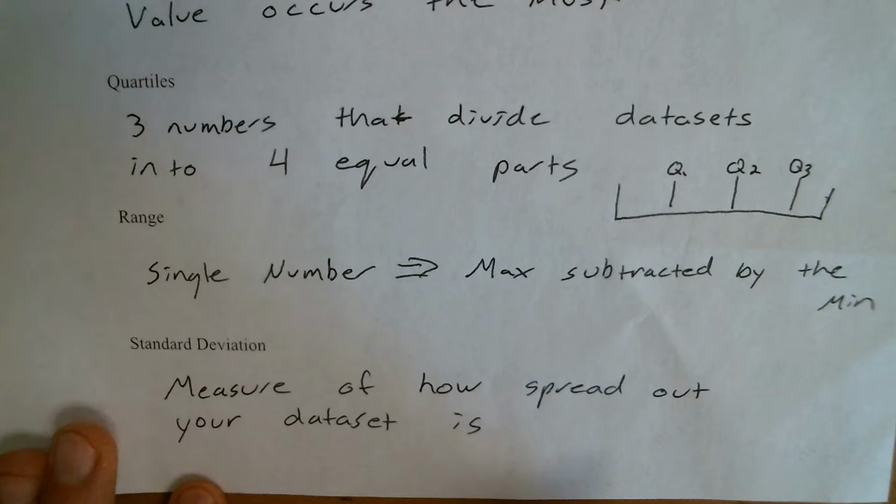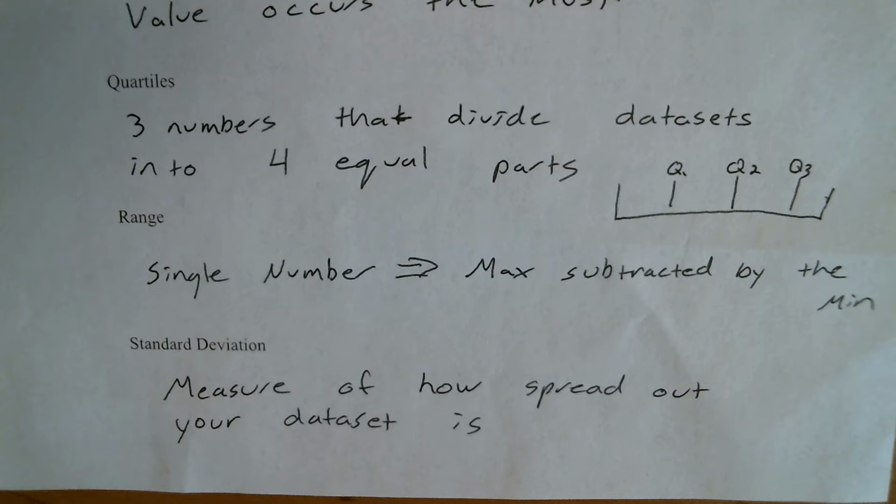All right. A more specific way, and something we'll talk about later, is that it's effectively the average distance from the mean. And again, we're going to spend a lot of time on standard deviation, so we'll talk about that more later. But it's basically the average distance from the mean.